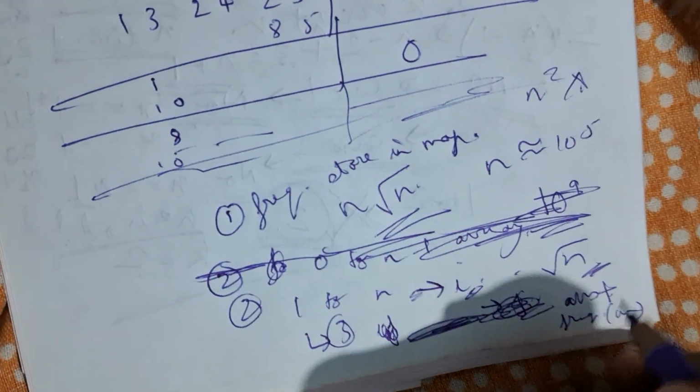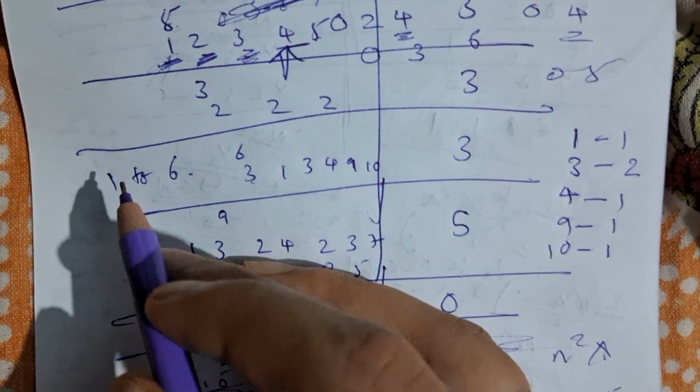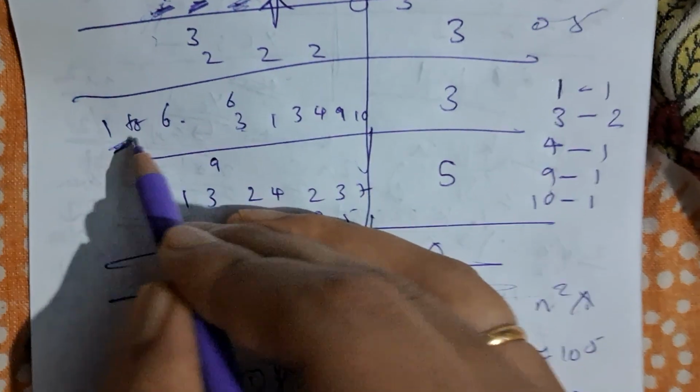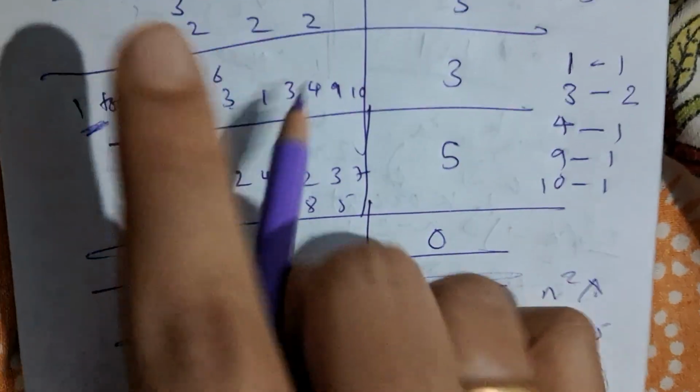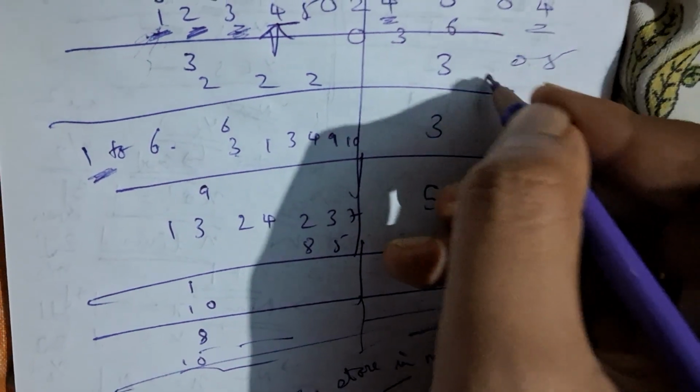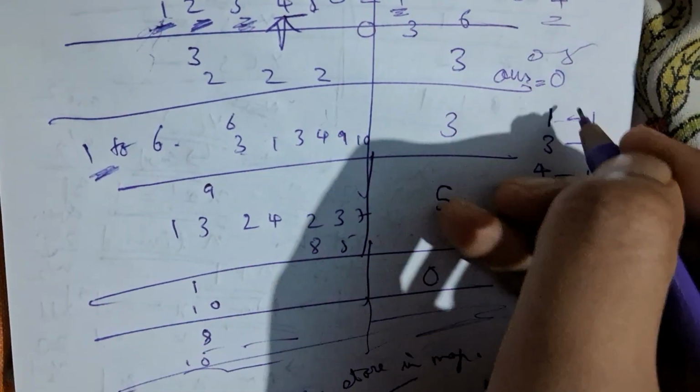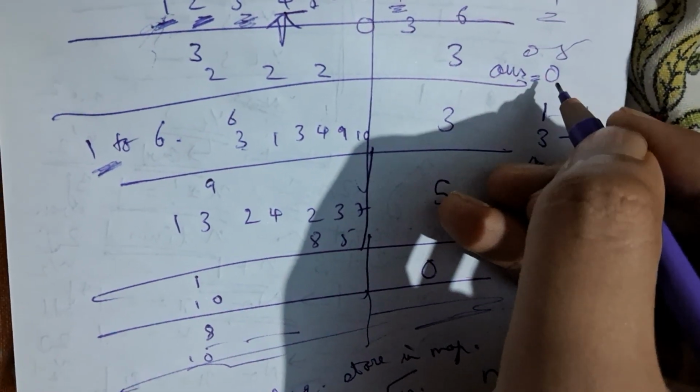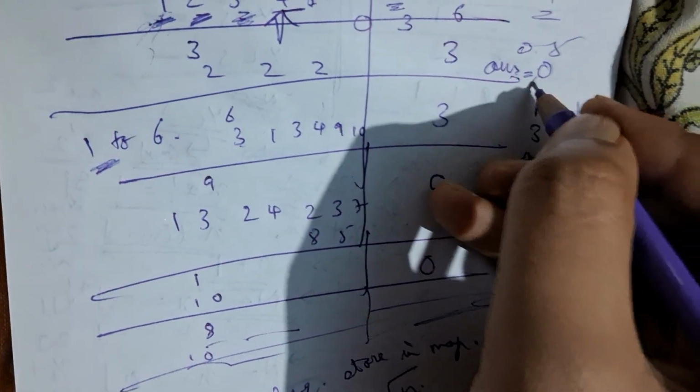I don't think I need to explain that. So you have to find the factors of 1. Only one factor of 1 is there, that is 1. The frequency of 1 is 1. Initially the answer was 0, so now the answer will be the maximum of 0 and 1, that is 1.